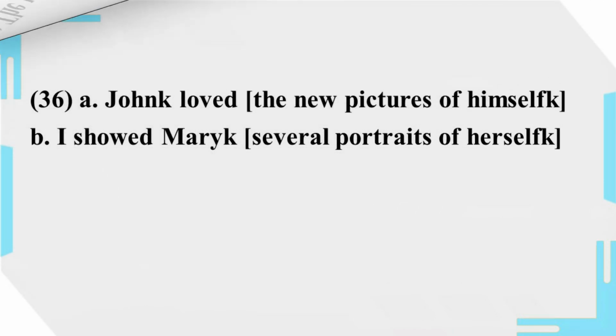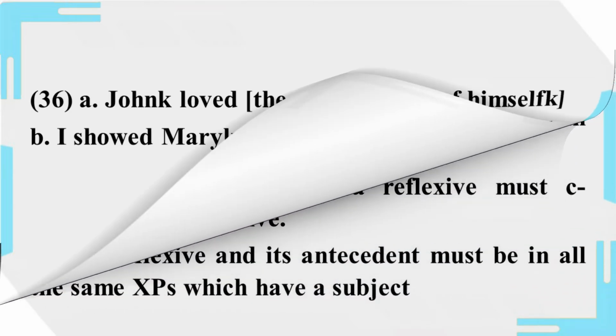John loved the new pictures of himself. I showed Mary several portraits of herself. Both of these sentences are fine with co-indexing indicated even though the reflexive is inside a bracketed DP without a subject. This shows that the presence of a subject is crucial, not the DP boundary itself. To review, we have suggested the reflexive have the following 4 special requirements.